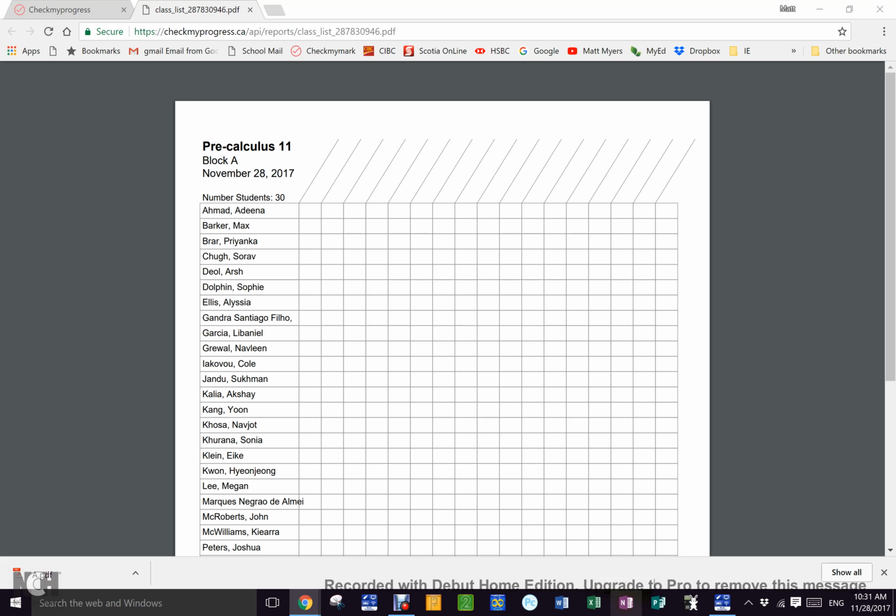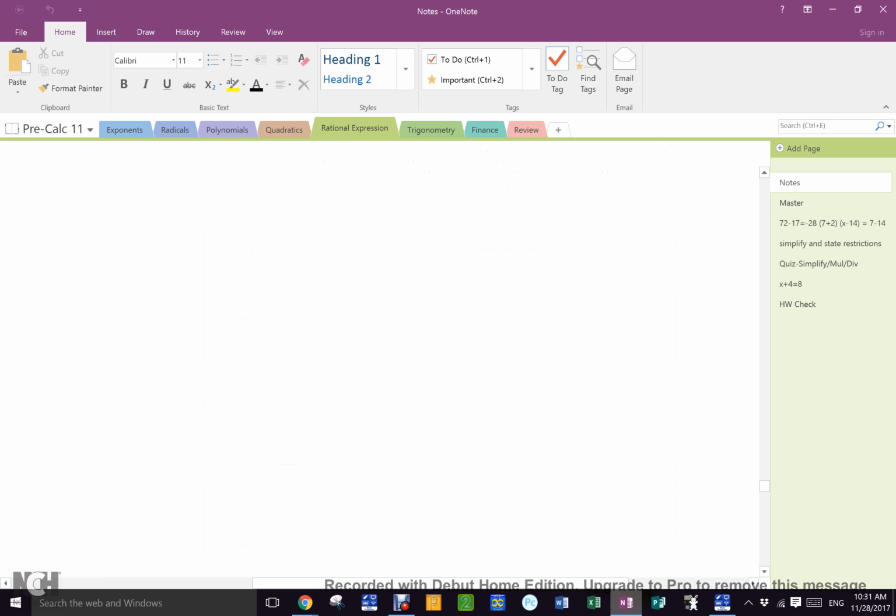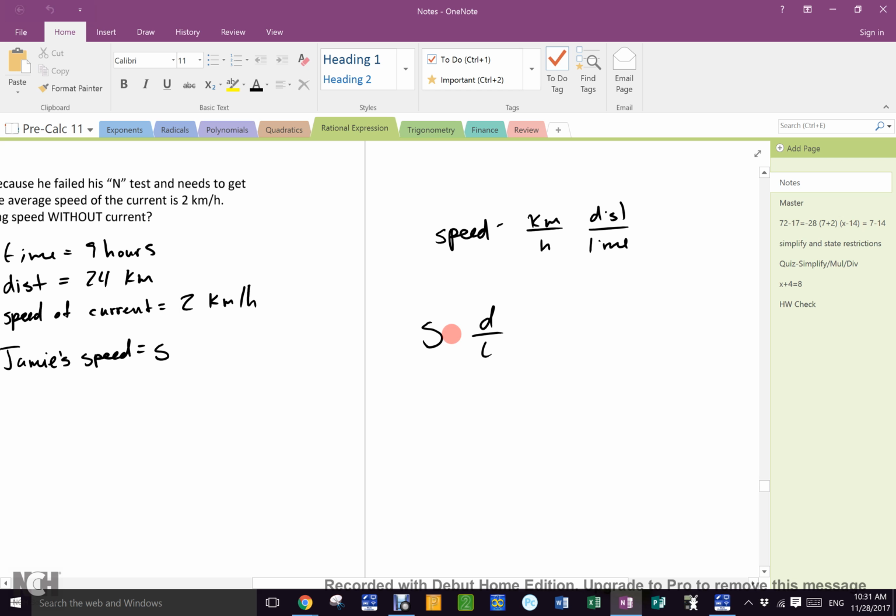There it is. So speed equals distance over time, correct? Everyone agrees? Does that tell us anything else? Does that tell us what time equals?